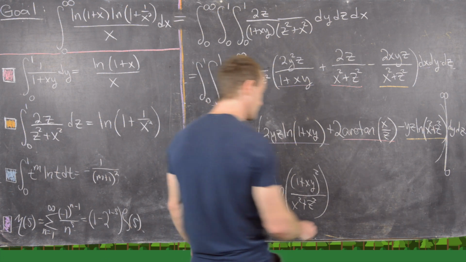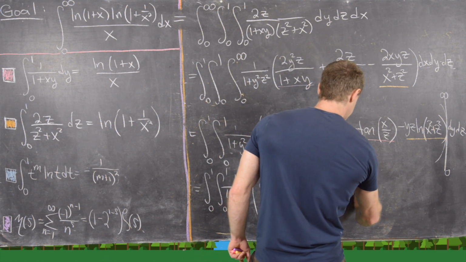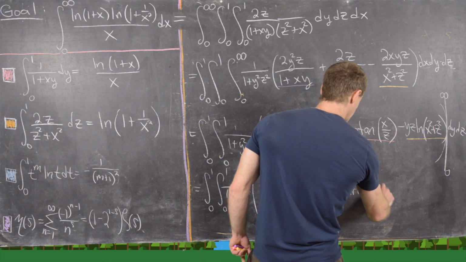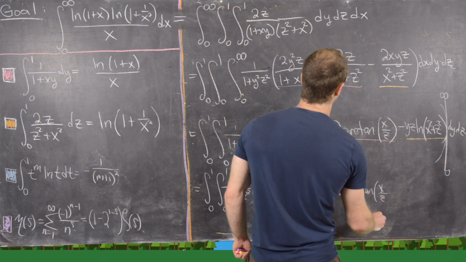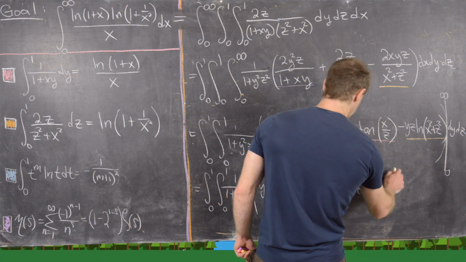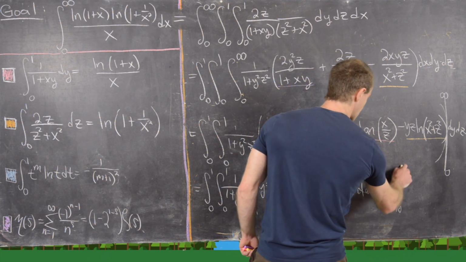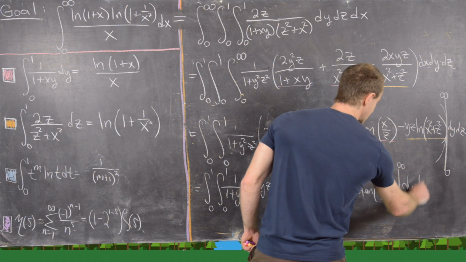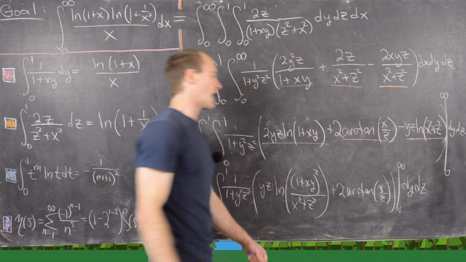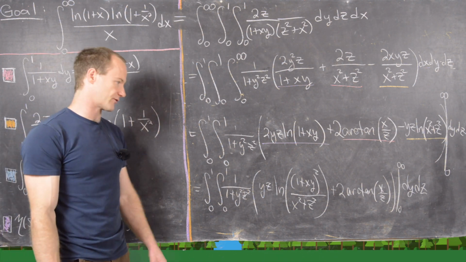Okay. And then this is going to be plus twice inverse tangent x over z. Okay, good. And now we need to evaluate this from 0 to infinity. Obviously, some limits are going to occur as we do that, but we'll talk through those.